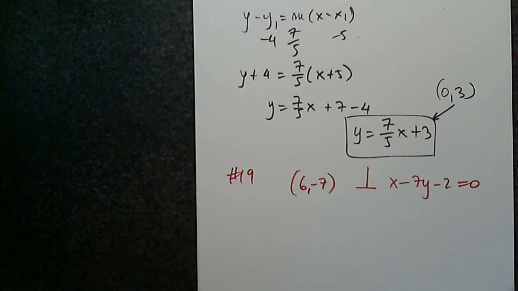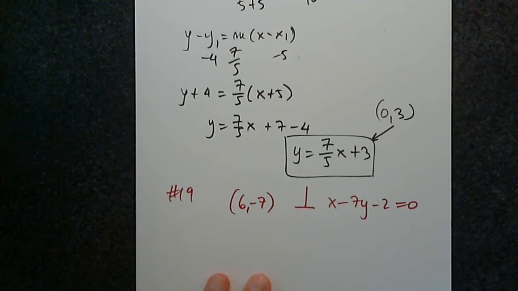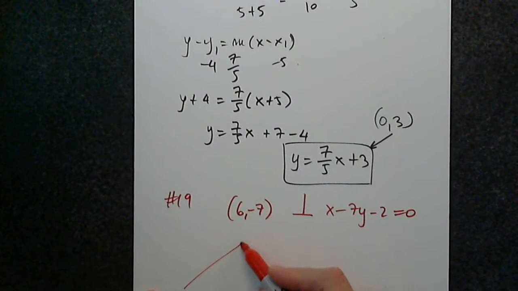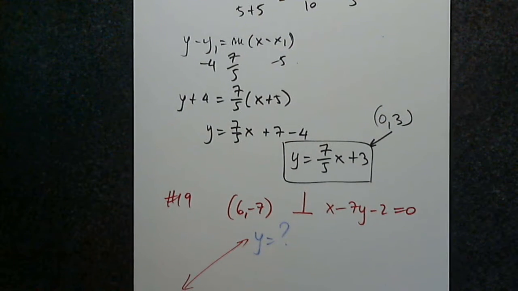Okay, so here the scenario is the following. There is a line, and we have two pieces of information about it. We do not have its equation.